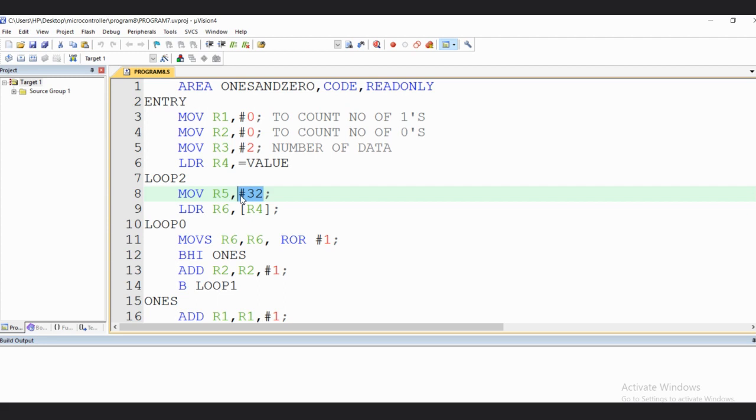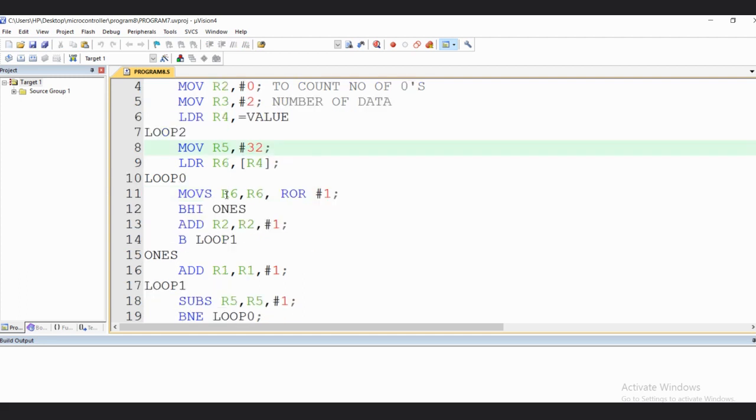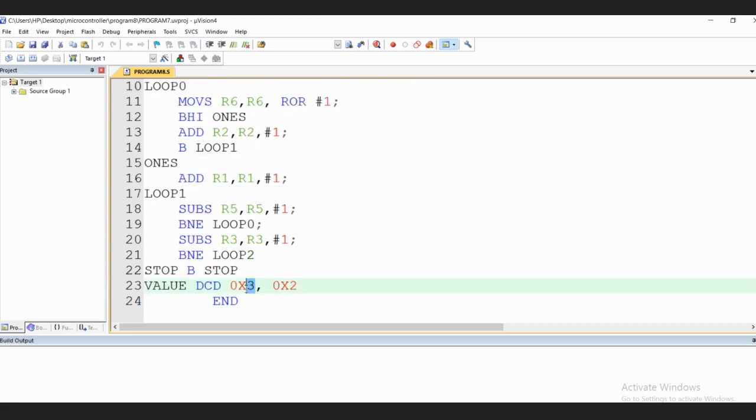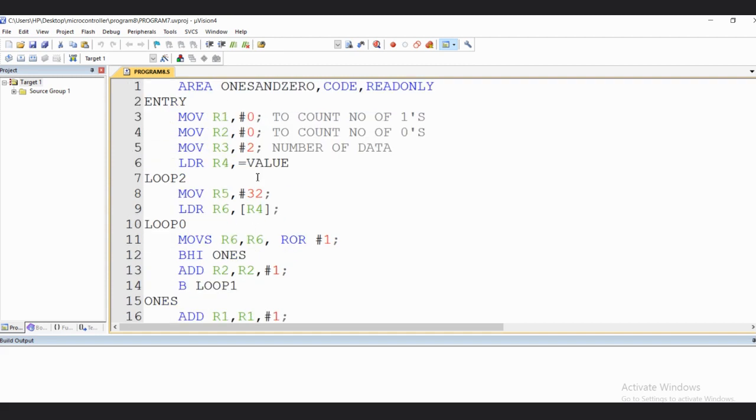We have to rotate the number 32 times, therefore we are loading 32 to R5. Then the value present at memory location R4 is loaded to R3. For example, if you are considering 03 first, the value will be stored at location R4 and copied to R3.